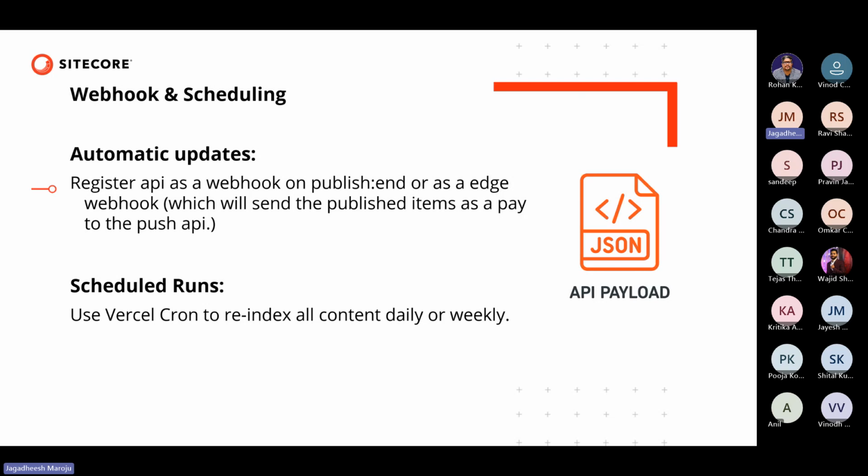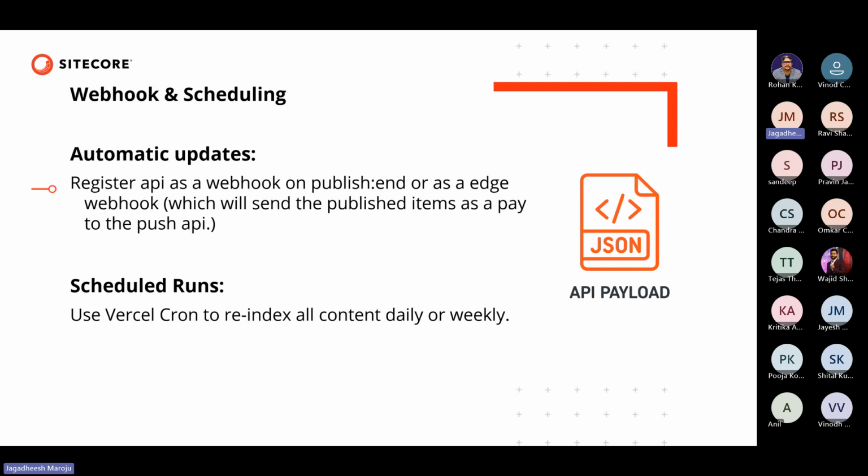Automatic updates. So register this API as a webhook on publishing, or as an Edge webhook, which will send those published items as a payload to the push API. So it triggers automatically. As I mentioned, thanks to XM Cloud, it gives us a few events, like publish and publish started.